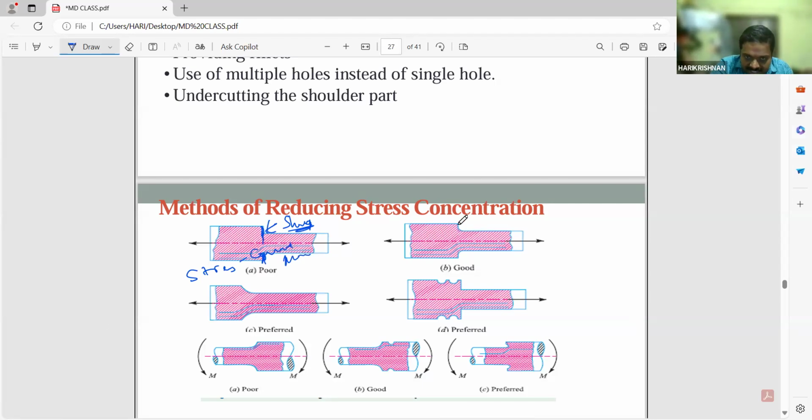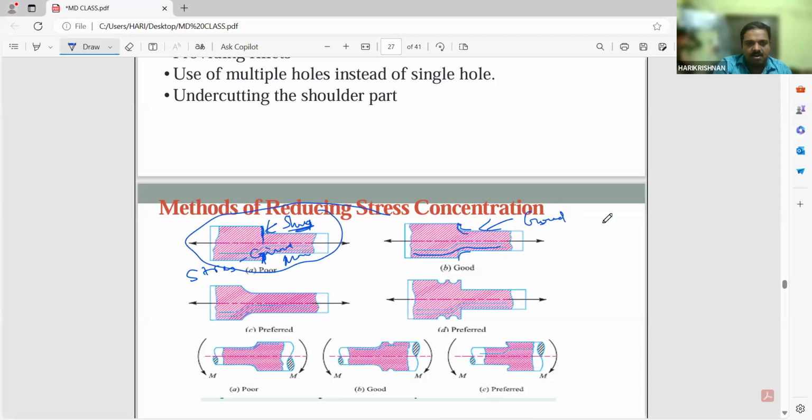But you may see here there is a curve. Okay. Like without sharp, there is a curve over this. So here what happens? So the material will come like this, and there is a slight curve over this. So it will not create as much stress concentration as that of this sharp corner. So this is preferred or good.